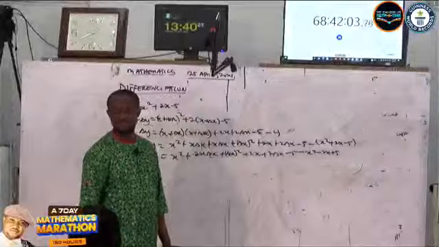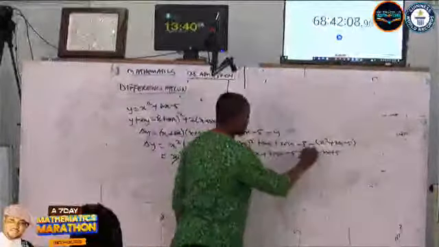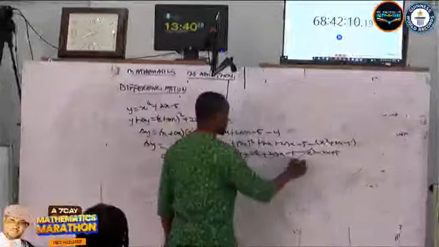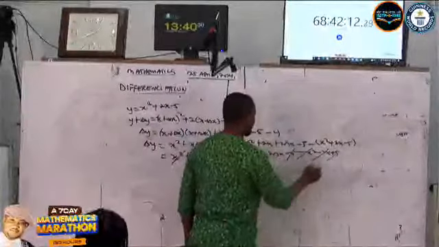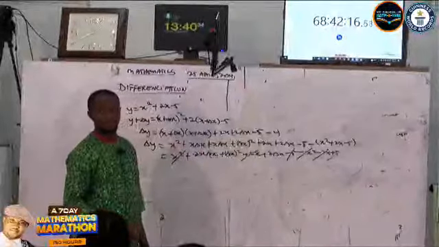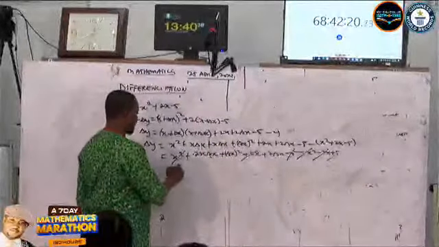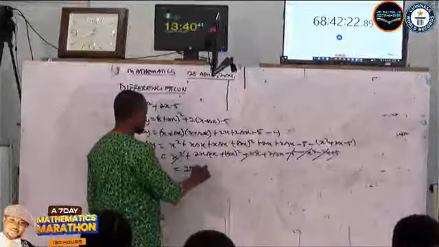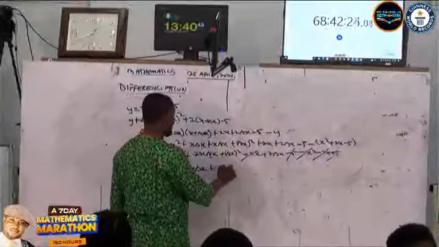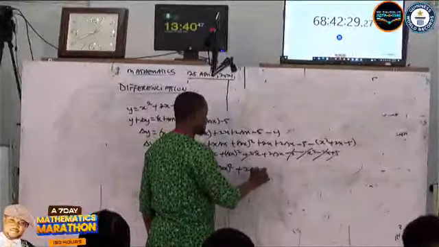So x squared minus x squared is gone, plus 2 minus 2 is gone, minus 5 plus 5 is gone. So this will now be equal to 2x change in x plus 2 change in x.